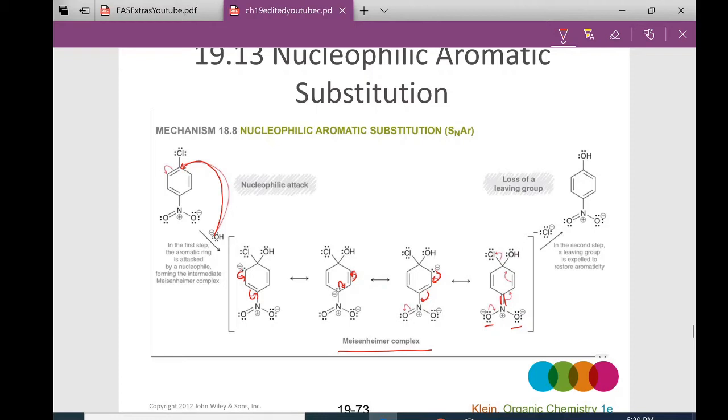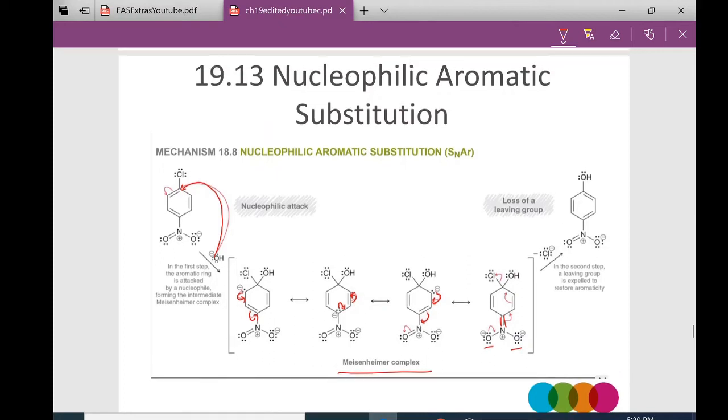So the nitro group in this resonance structure is actually helping to remove that negative charge from the ring, stabilize that intermediate that's forming in that Meisenheimer complex. That's very important to get this nucleophilic aromatic substitution reaction to work. And notice that this leaving group is para to the nitro group. Notice that negative charge can be either put on the para position or the ortho positions.